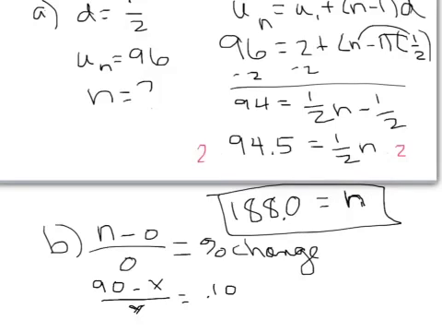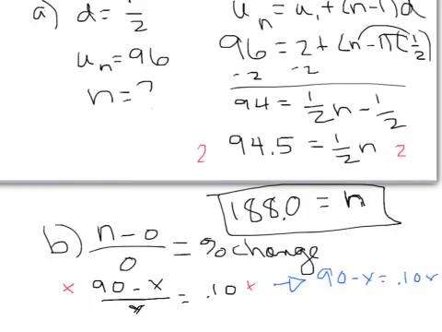So all you really need to do here is multiply by x to get it out of the denominator. Then you're going to end up with 90 minus x equals 10% of x.